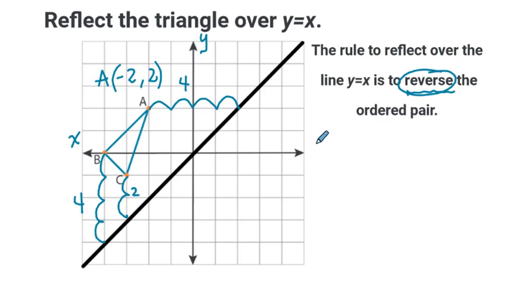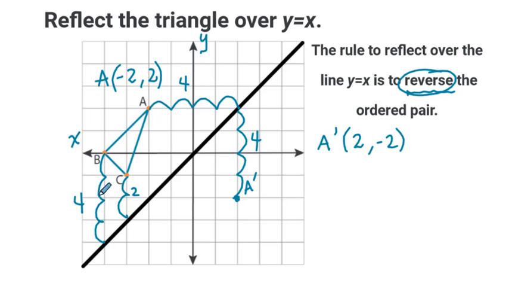Instead of -2, 2, I'm going to flip them and say 2, -2. So if I go ahead and graph that, I'm going to go 2 to the right, down 2, and let's put it this way. This is going to help us understand which way we're going to go. I went 4 to the right before. Now I'm going to end up going 4 down. So we're already checking our work.